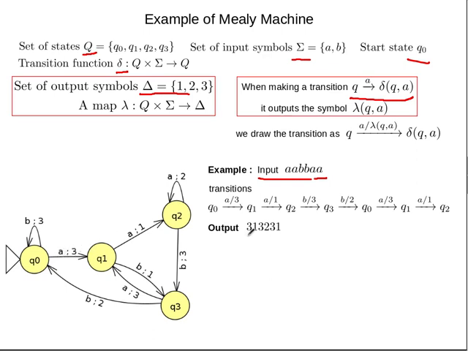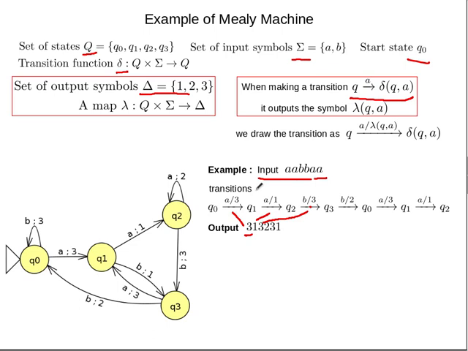That is why you have this 3; it comes from here. Then you make this transition, and while making it, you emit this 1, which comes from this. Again, this 3 comes from this, and so on. So you get the idea of how Mealy machines work.